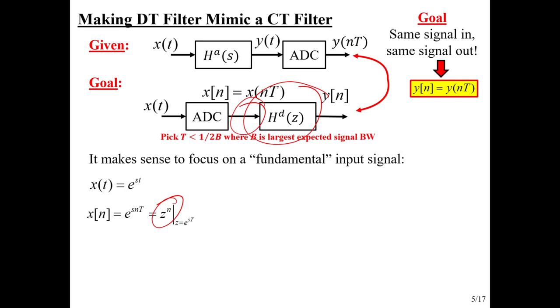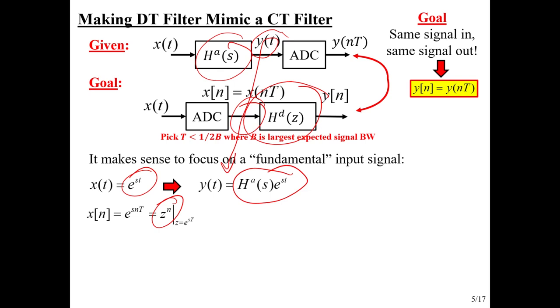So the nice thing is we've got the two fundamental scenarios happening side by side here. From our study of Laplace, we can say if I put an e to the st into this filter, the thing that comes out here is just Ha of s times e to the st. Now, just a subtlety here.